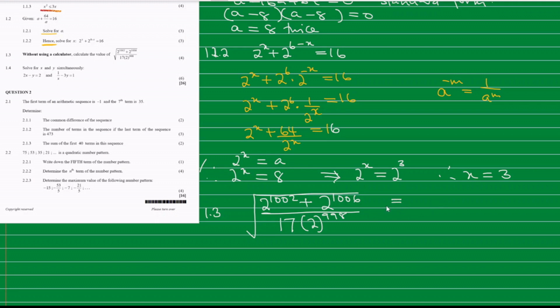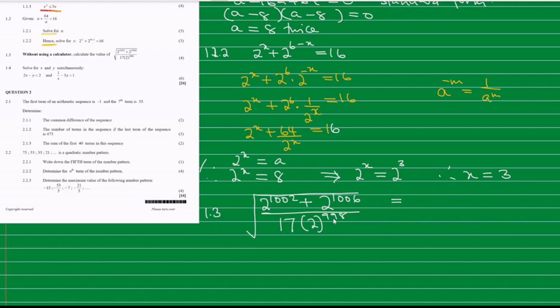what I would suggest we do is we have got 2 terms here on top, which is 2 to the power 1002 and 2 to the power 1006. So we need to factor out one term here. Check the base with the lowest value of the exponent.